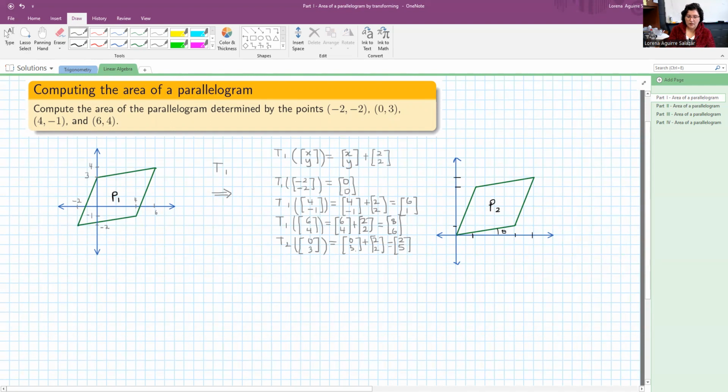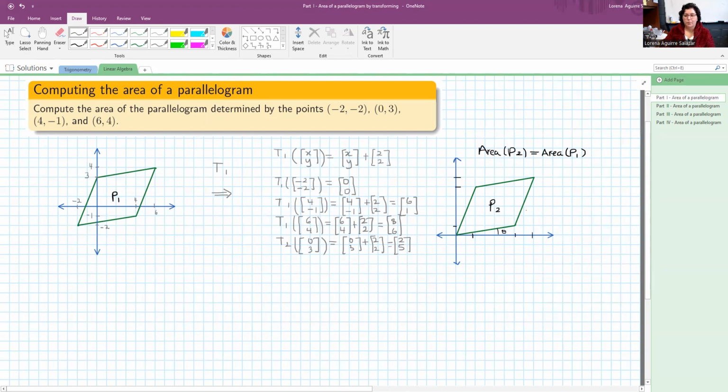Then what we can say is that the area of P2 is the same as the area of P1. And we're trying to find the area of P1. So for now, we have a parallelogram in the first quadrant, and we want to find the area of this parallelogram by transforming it into a rectangle.